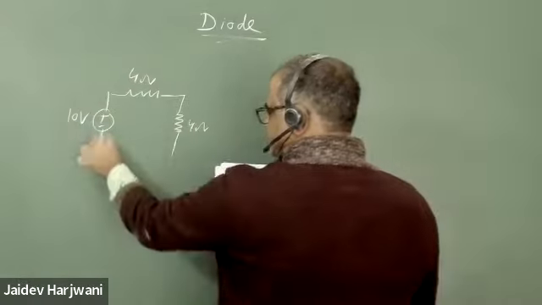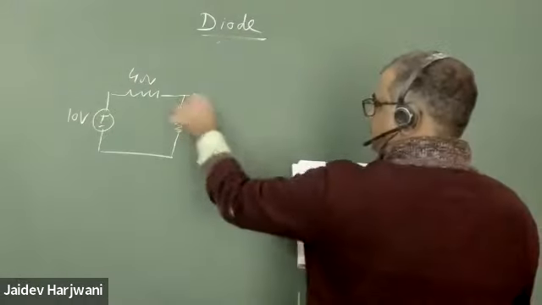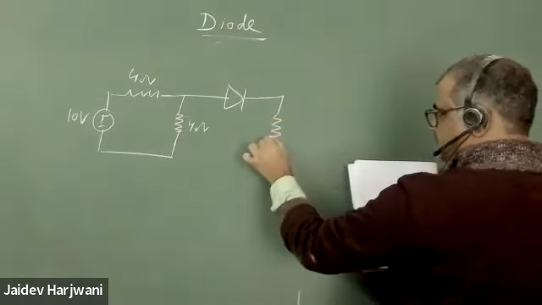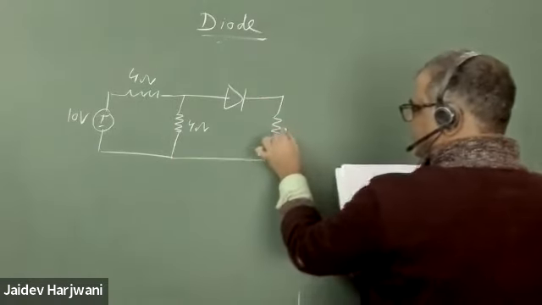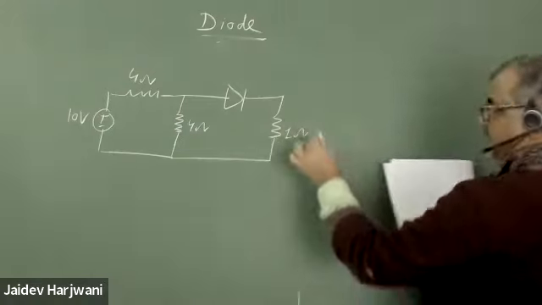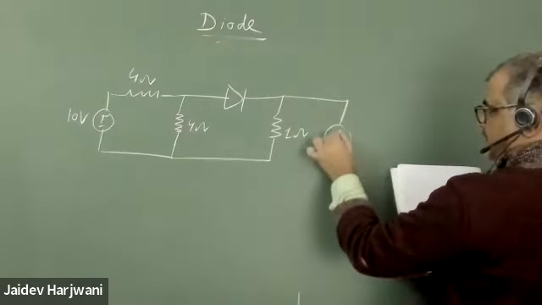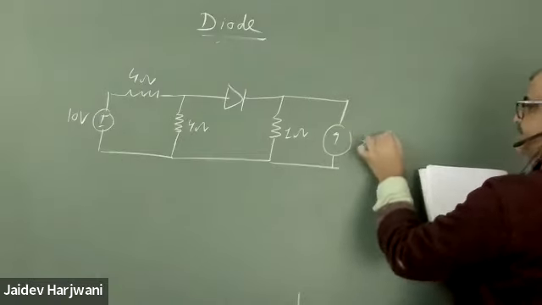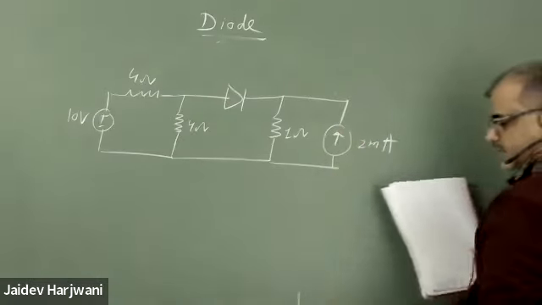This is a diode. This is a 1 ohm resistance here. And here you have 2 milliampere current.